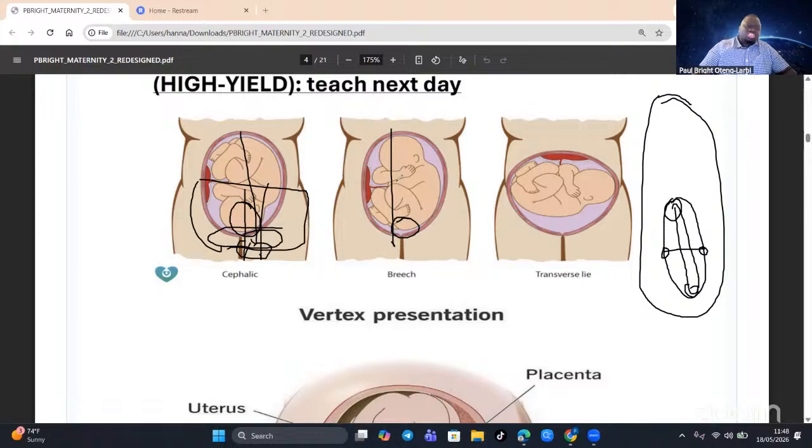So all this body, the hand is here, the leg is here, the knees are here, the back is here, the head is here. The head, we have the frontal and the back. Which part goes to the pelvis first? Then we have the transverse guys.